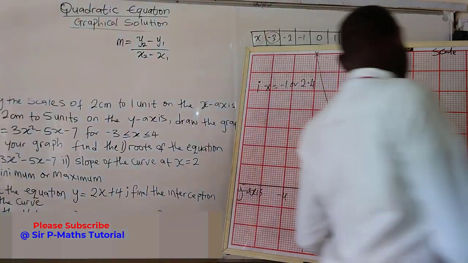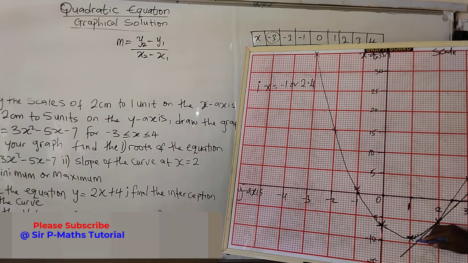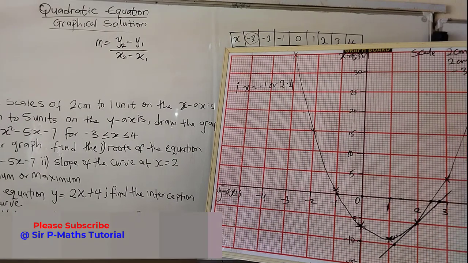So to get the 2 points for x and y, I'll pick a point on this tangent. Let me pick here and here. You can pick at any position convenient for you. For this one, it will produce my x1 and y1, the point at the bottom. The one above will produce x2 and y2.